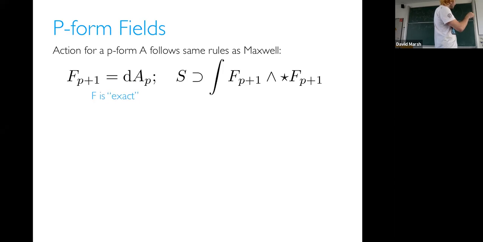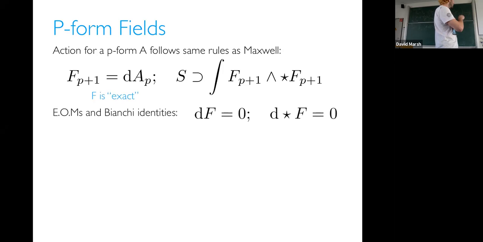Because I have written my p plus 1 form as an exterior derivative of a p-form, we say that F is exact. Then the equations of motion, with the Bianchi identities, which follow from this action, can be written in the following way: dF equals 0, d star F equals 0. This is the Bianchi identity, and this is the equation of motion.